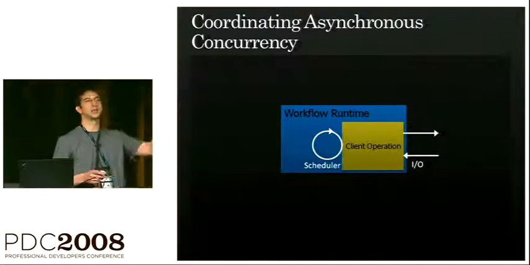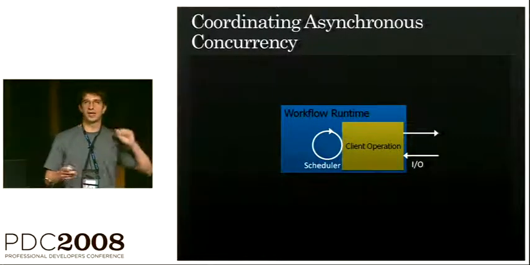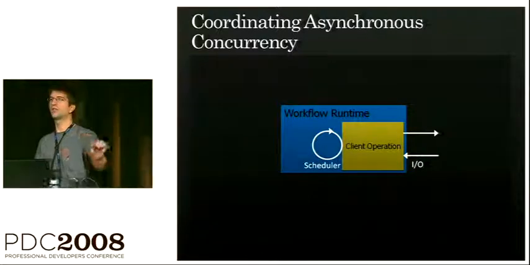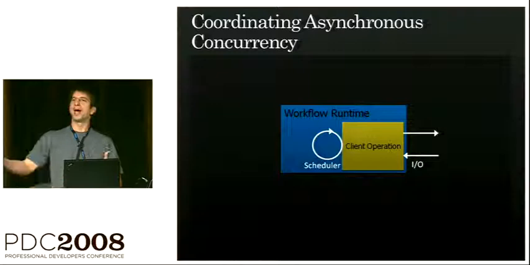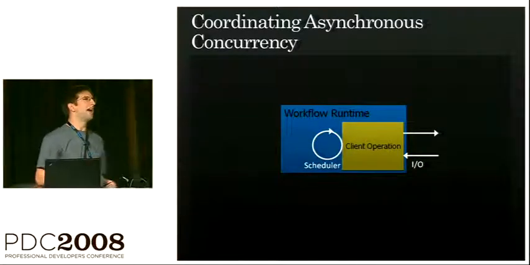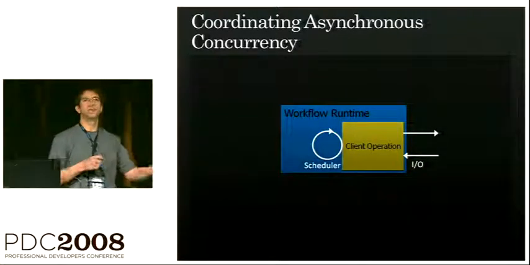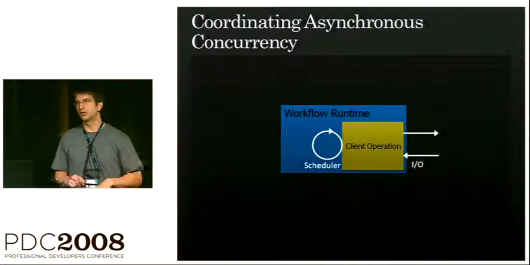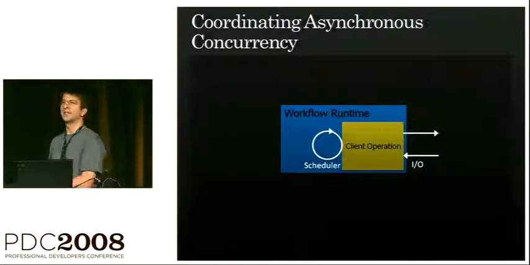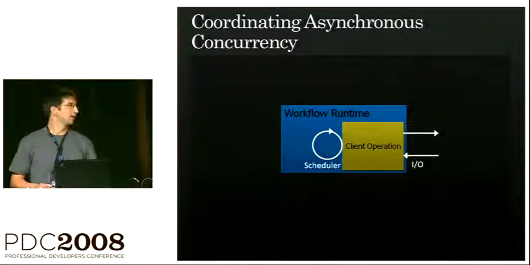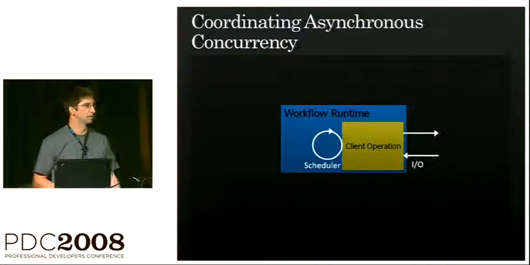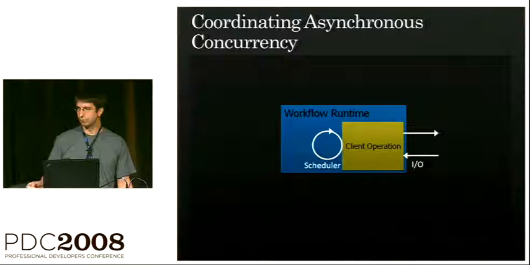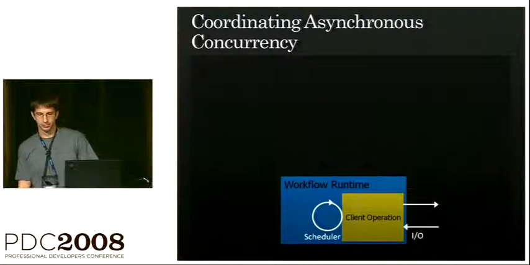An activity can say, hey, I'm about to go do something asynchronously, get off of the scheduler thread, go and do that async work. When that async work completes, say back to the runtime, I'm done, could you please call me again on the scheduler thread? And then when the runtime does that, the activity can marshal the results of its async work back into the workflow system.